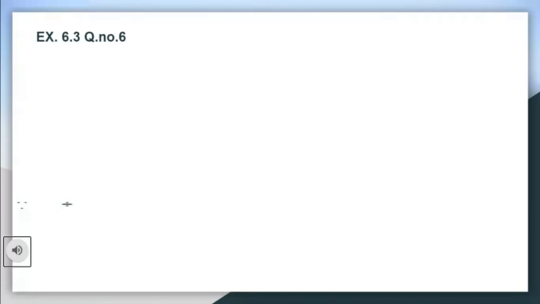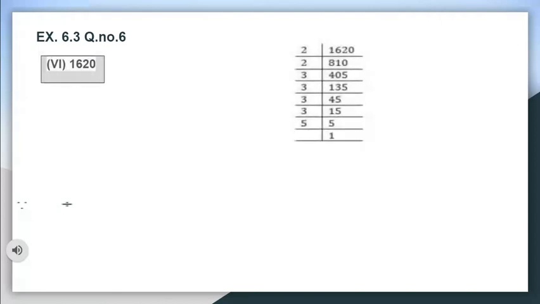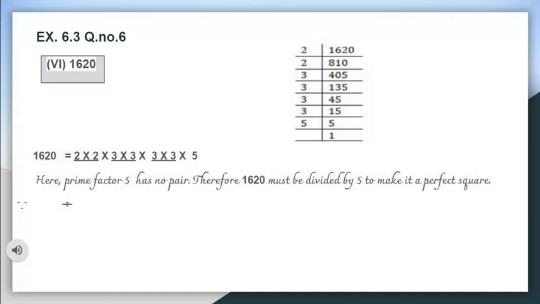Now the last question of question number 6, that is 1620. First factorize. After factorizing, we get 1620 is equal to 2 into 2 into 3 into 3 into 3 into 3 into 5. Here also we can see that 2 and 3 are having pairs, but 5 doesn't have one, isn't it? So here prime factor 5 has no pair.